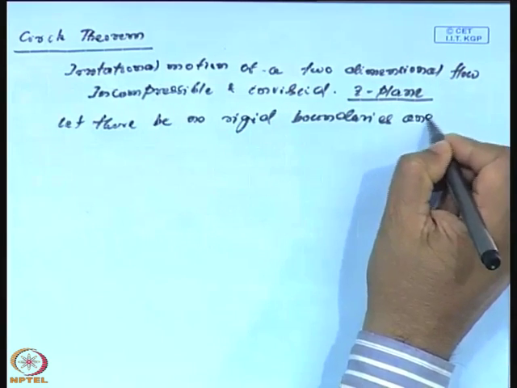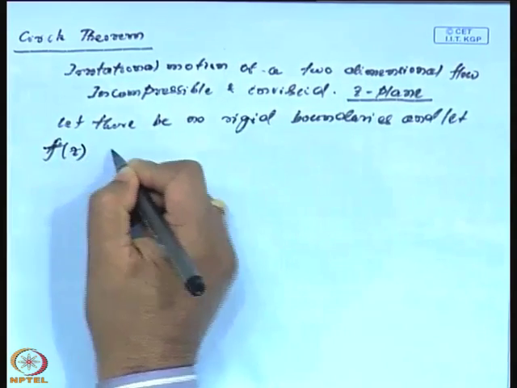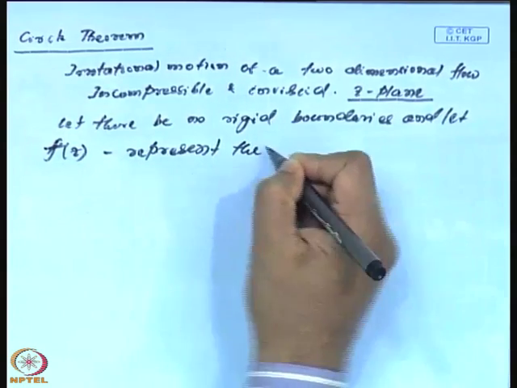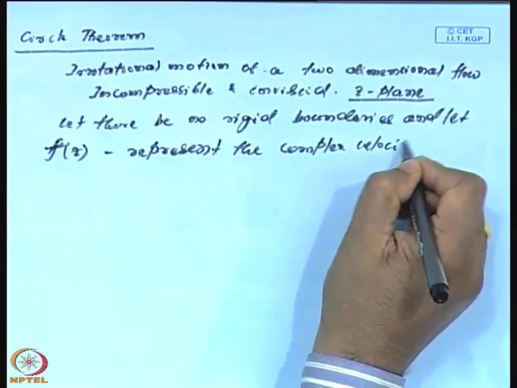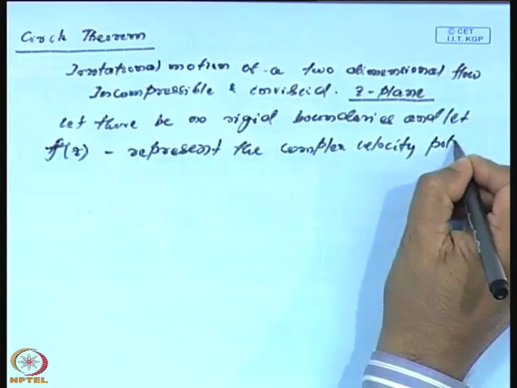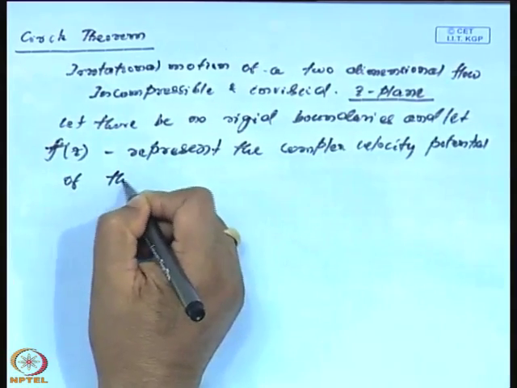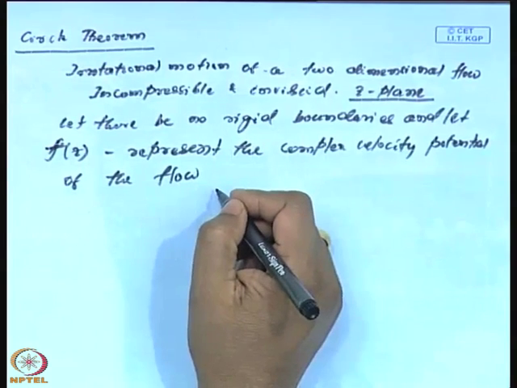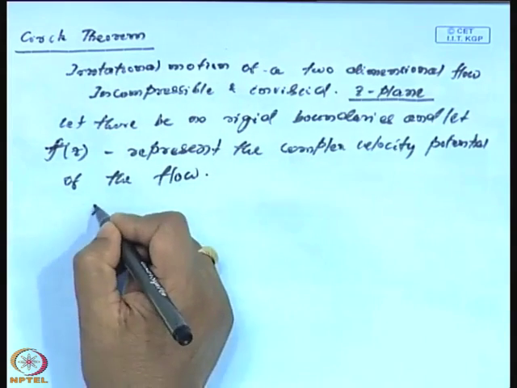And let f(z) represent the complex velocity potential of the flow, the complex potential of the flow. Now what will we do?